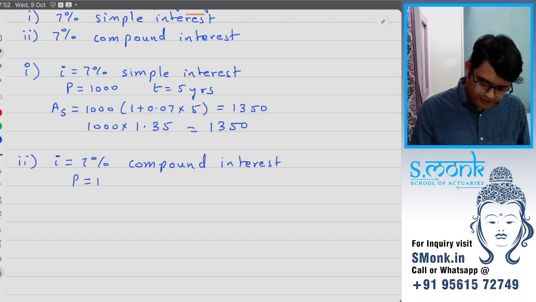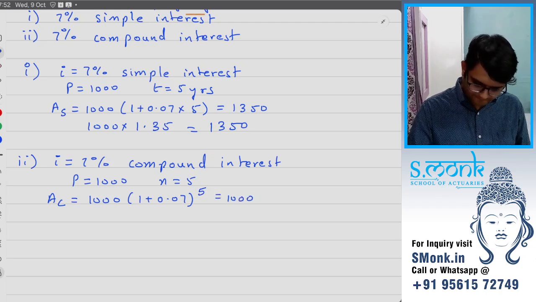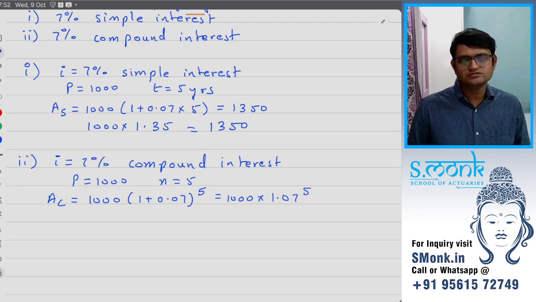Here again the principal is 1000, the number of years is 5, so compound would be 1000 into (1 plus 0.07) raised to 5. Can you do this calculation without a calculator?